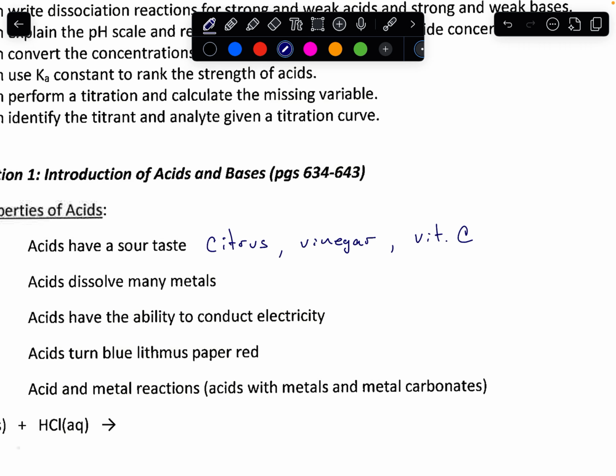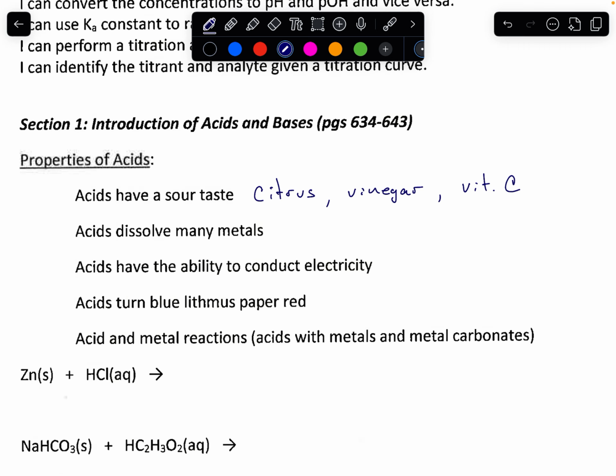When I react acids with metals, they will dissolve metals. I'll get more into that here in a moment, but the key thing is they will react with metals. Most bases do not. Acids also have the ability to conduct electricity. That's because they are electrolytes.